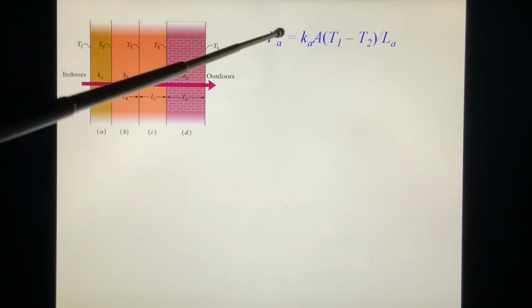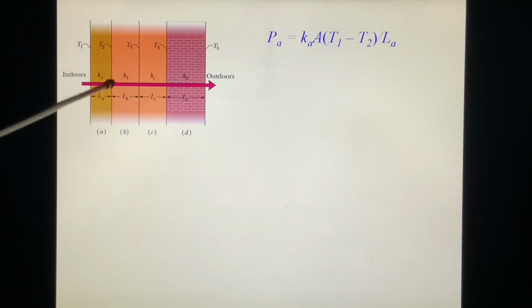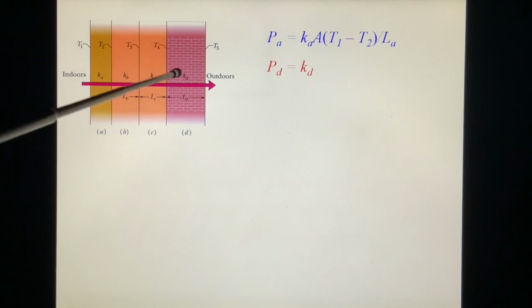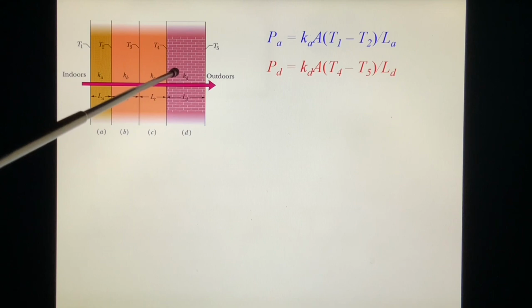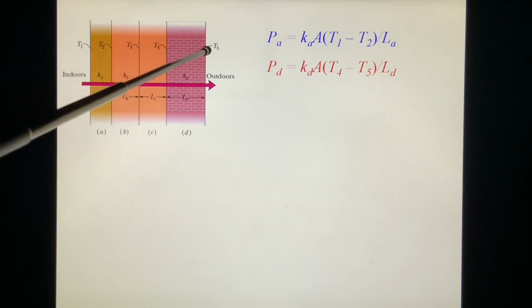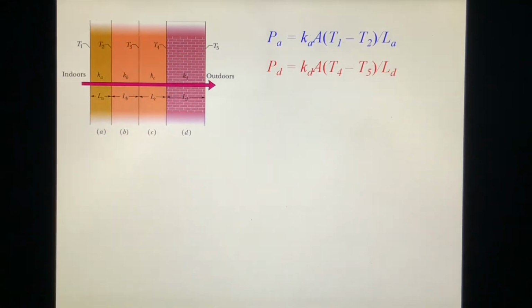We look at this one, we know T1, T2. So the energy rate P_a is Ka, area A, (T1 minus T2) over La. And P_d is Kd, same A, (T4 minus T5) over Ld. In steady state, they are the same.